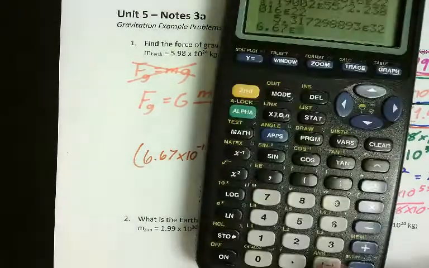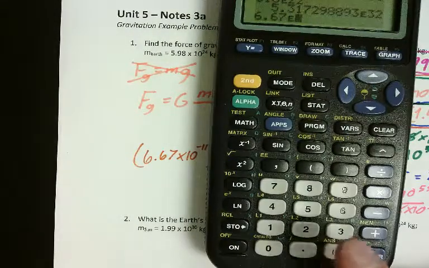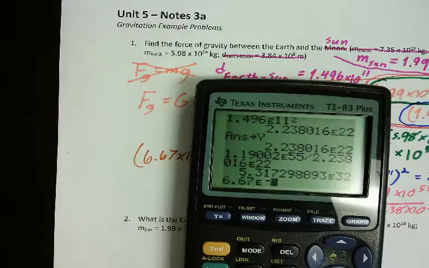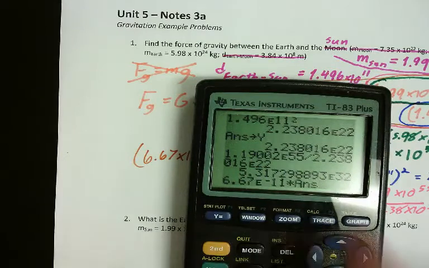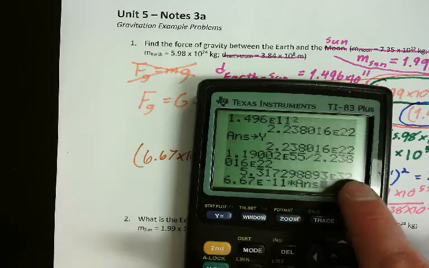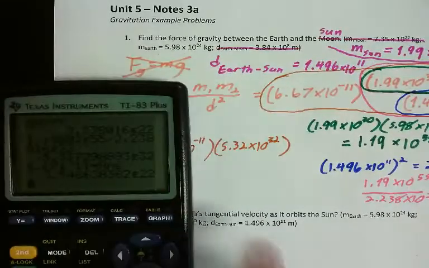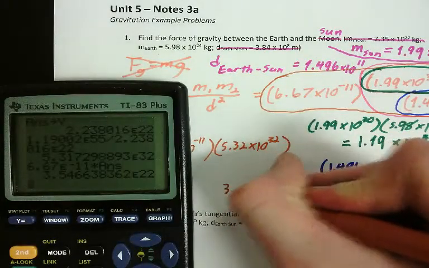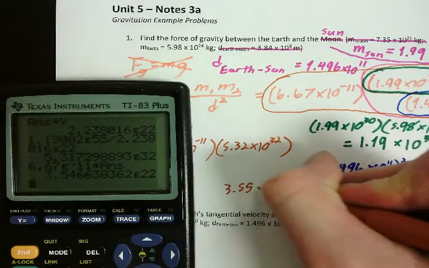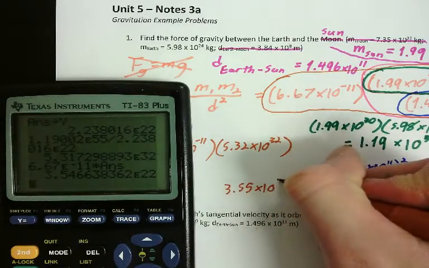Make sure you use the negative sign here. Negative 11 times, and I'm going to use my answer button. This answer uses what I just got. Here's your final answer. 3.55 times 10 to the 22nd.